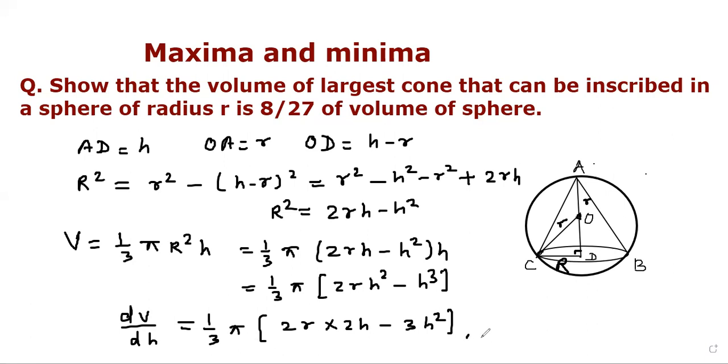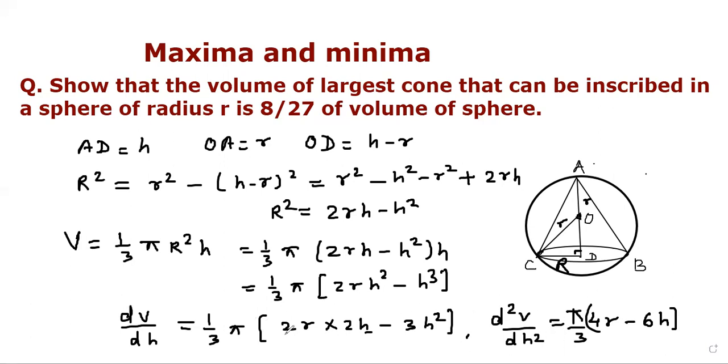Let's get the second derivative also here, it would be helpful. So d2V by dh2 equals pi by 3 outside, and inside 4r minus 6h. So we have got the second derivative.